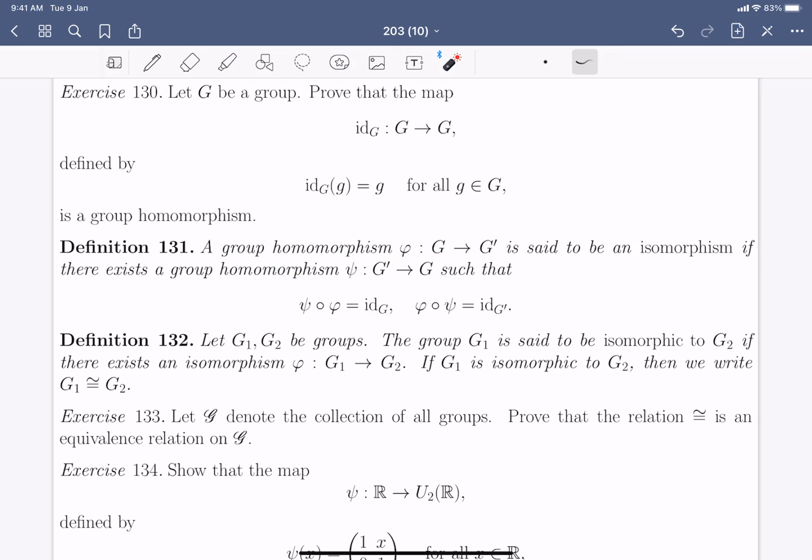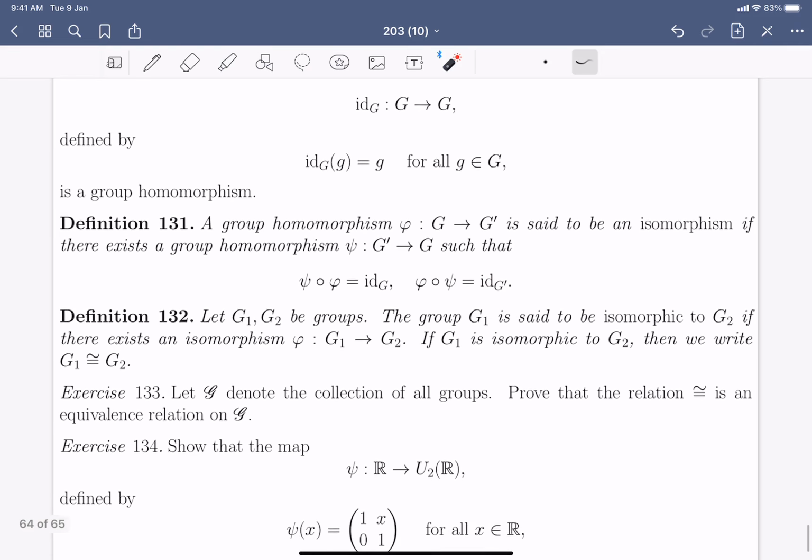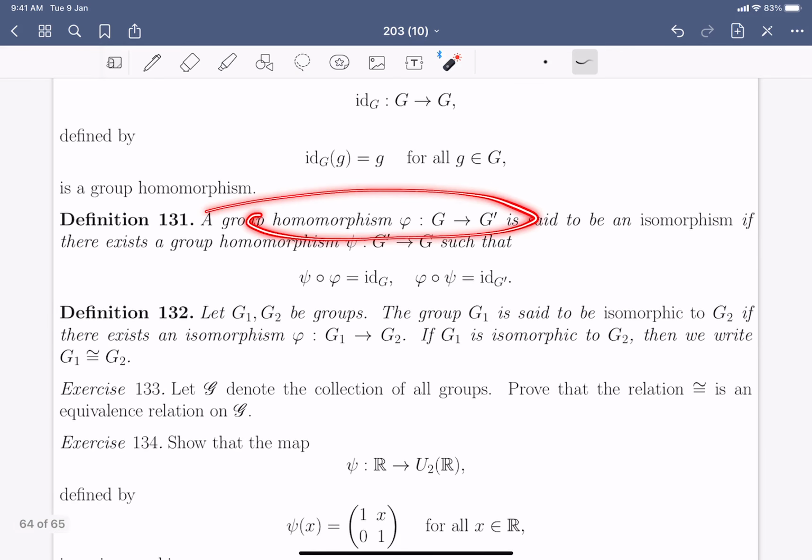More precisely, if there is a homomorphism psi from G prime to G such that both the compositions psi composite phi and phi composite psi are the identity maps on the respective groups. So psi composite phi is the identity map on the group G, and phi composite psi is the identity map on the group G prime. In this situation, we say that the group homomorphism phi that we started with is an isomorphism.